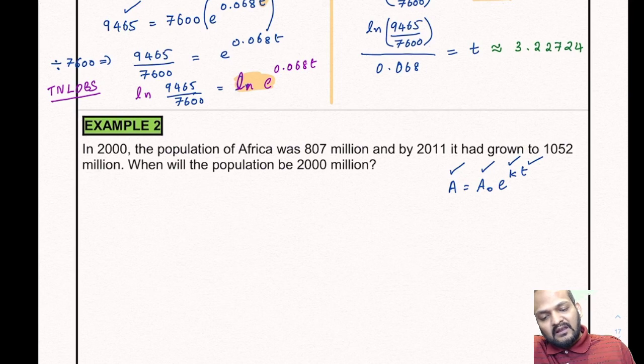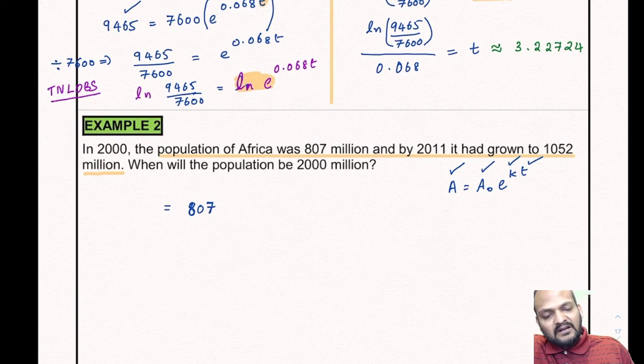So here, the information given is the population of Africa was 807 million, and by 2011, it had grown to 1052 million. All right. So initially the population, that is a sub 0, is 807 million. So let's say everything is in millions.